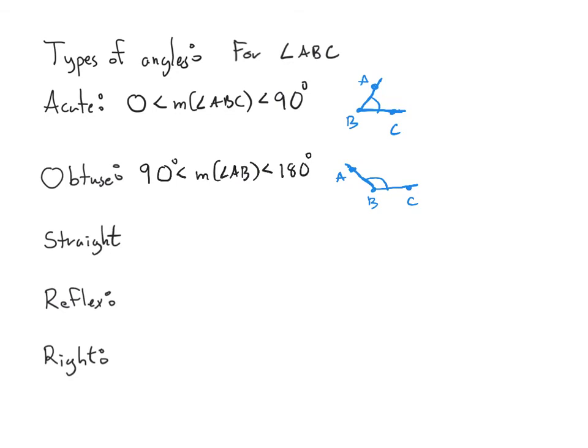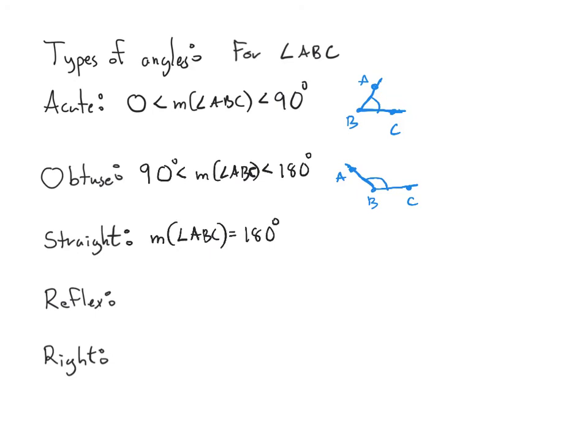A straight angle is exactly 180 degrees. So if we say an angle is a straight angle, oh, sorry, this should be ABC. I missed putting my C there. The measure of angle ABC in this case is 180 degrees.